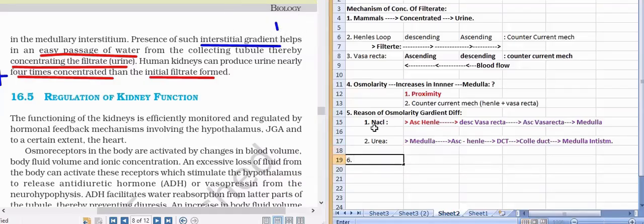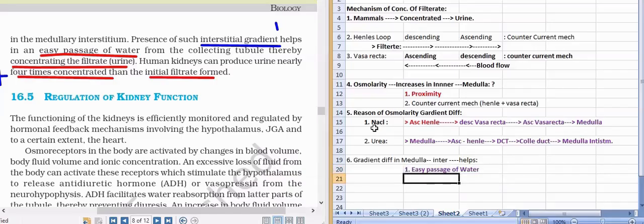Sixth point: gradient, the difference in the medulla, especially the interstitium, which is very inside. It helps with: one, easy passage of water, that is actually along the urine.